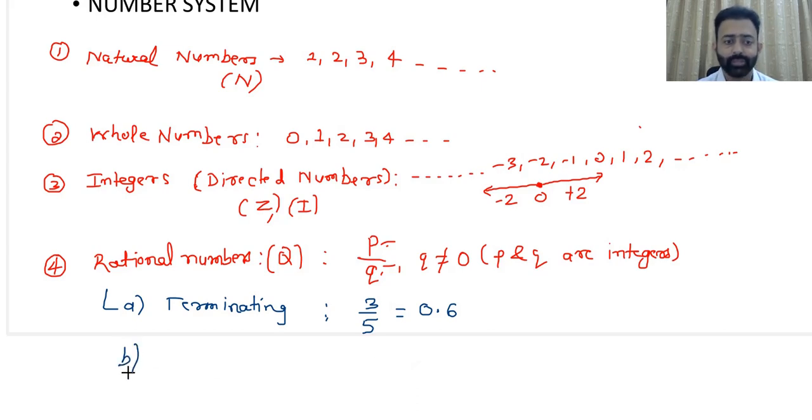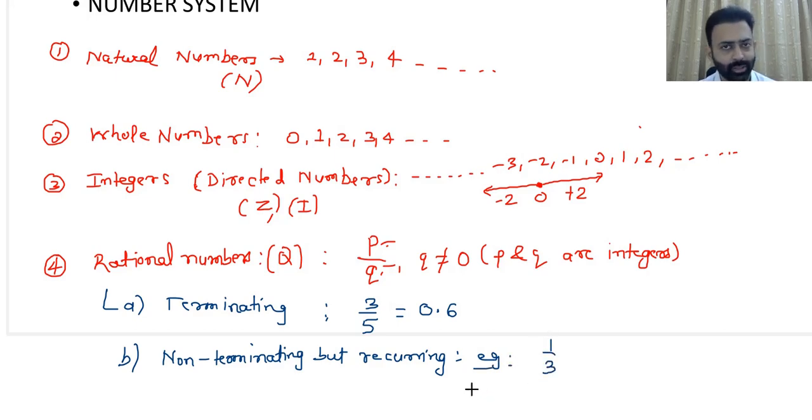There are other types of rational numbers also, which are non-terminating but they are repeating or recurring. Means the digit after a certain digit is repeating, right? For example, take the number 1 by 3.